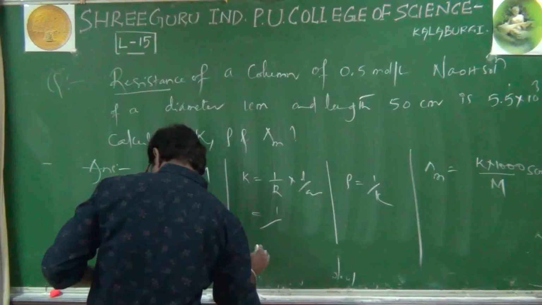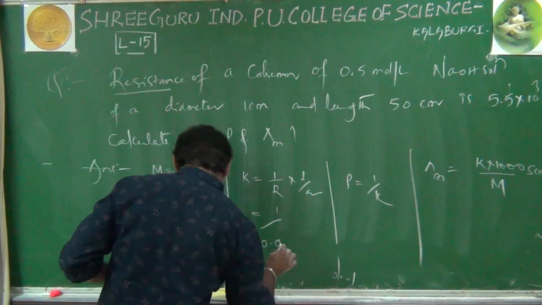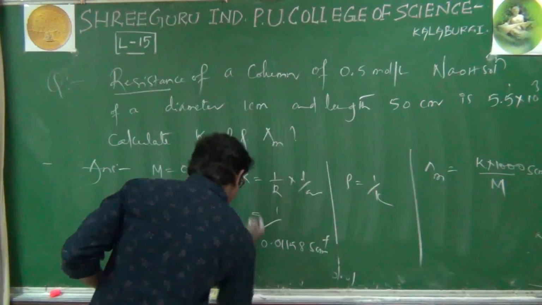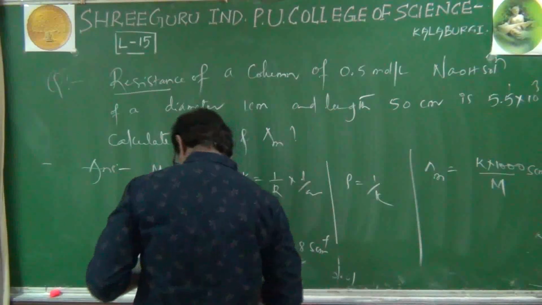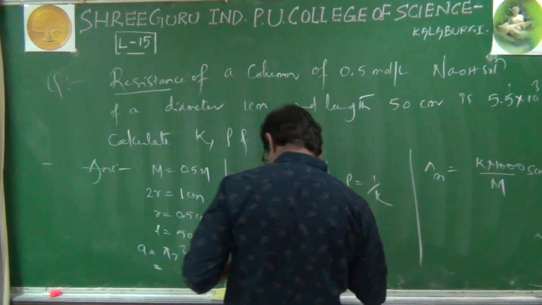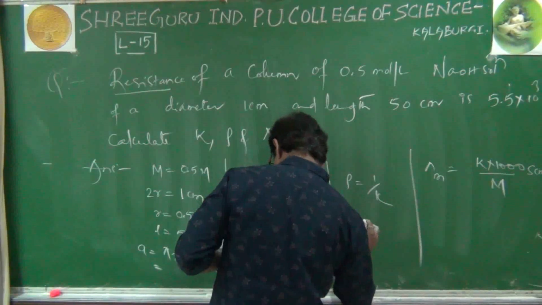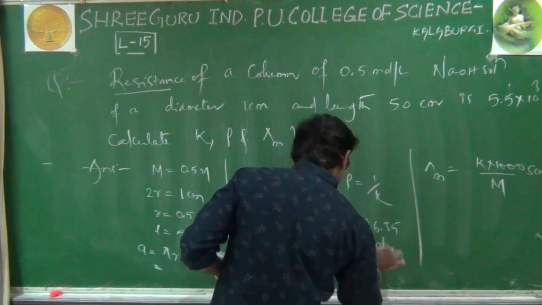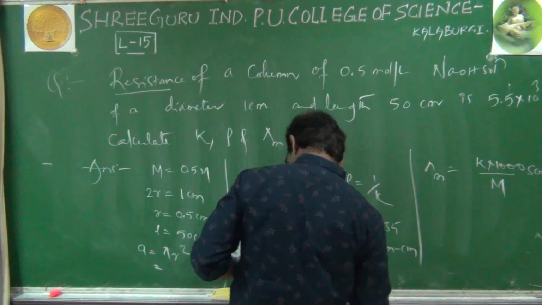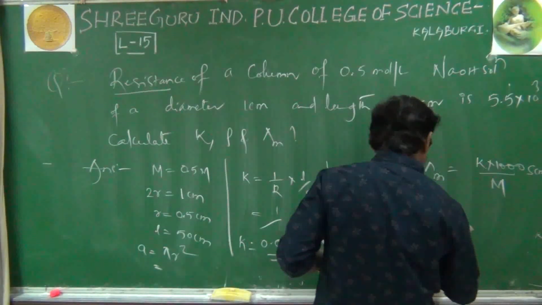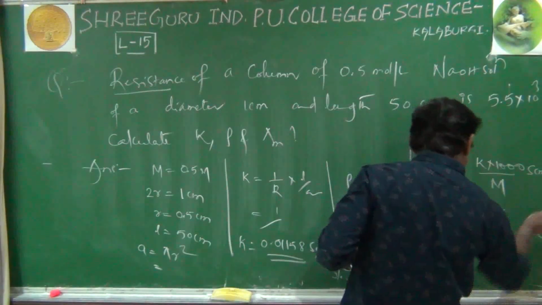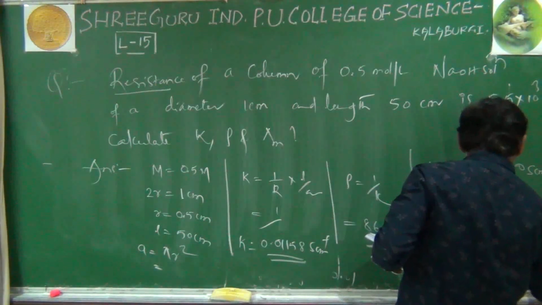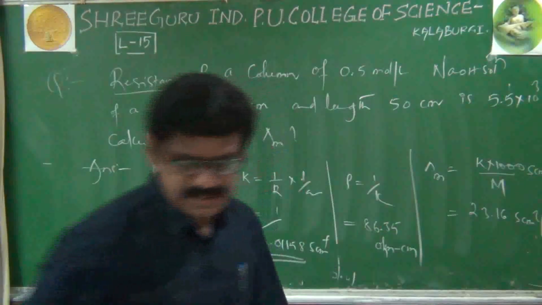K is equals to 0.01158 Siemens per centimeter. Next, the rho value is 86.35 ohm centimeters. And finally molar conductivity is 23.16 Siemens centimeter square per mole. That's it.